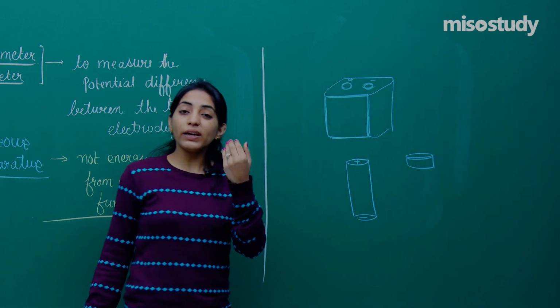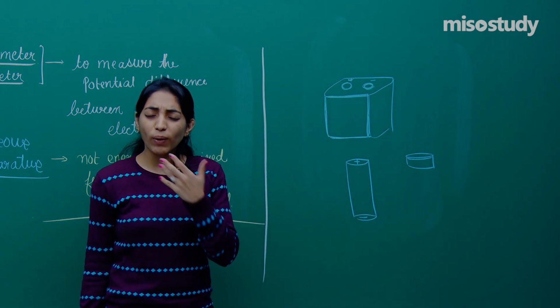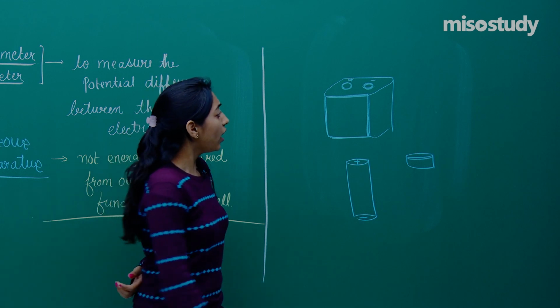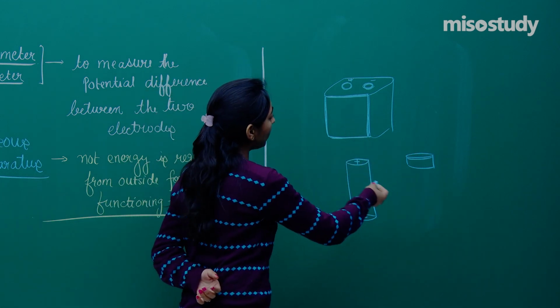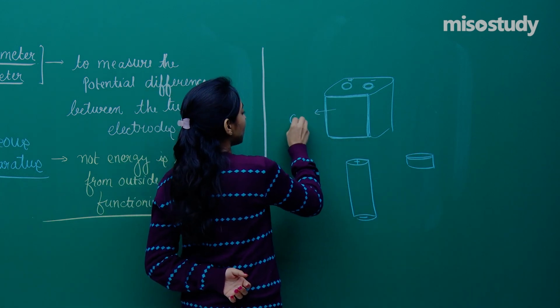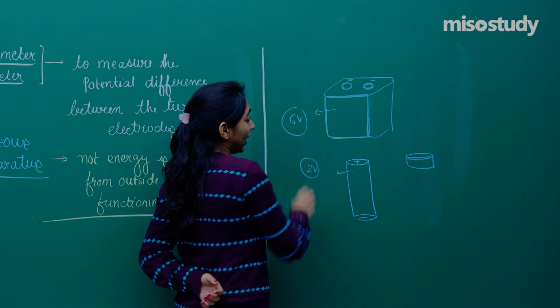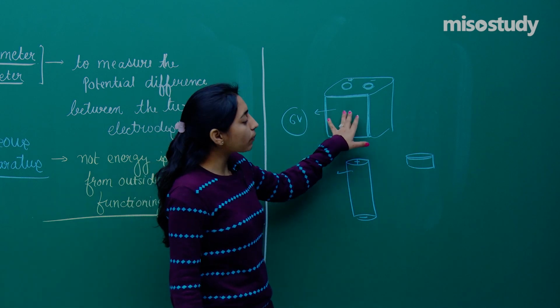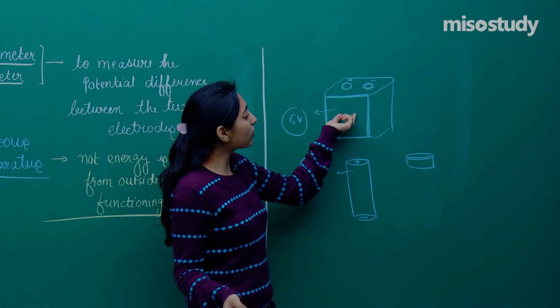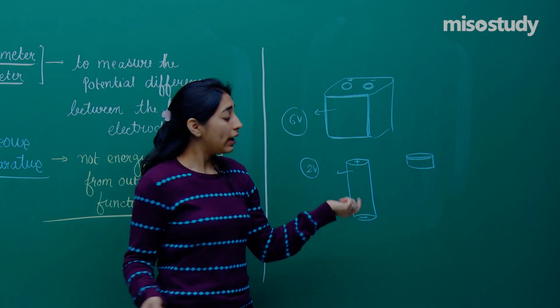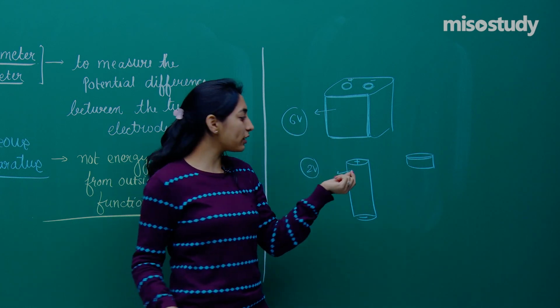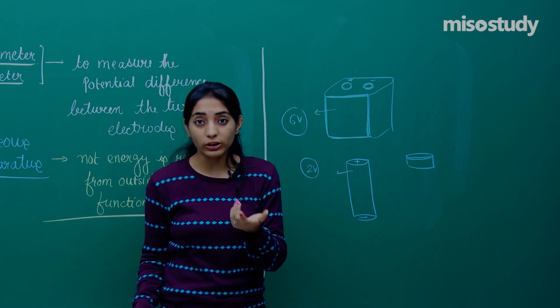Right? Now we have different varieties of cells. Why do we have different varieties of cells? Maybe because this particular one is giving me 6 volt, this is giving me just 2 volt, and so on. If I want to do some work of higher energy, I use a battery of higher voltage. If something smaller is to be done, then we use a cell with a smaller voltage, right?